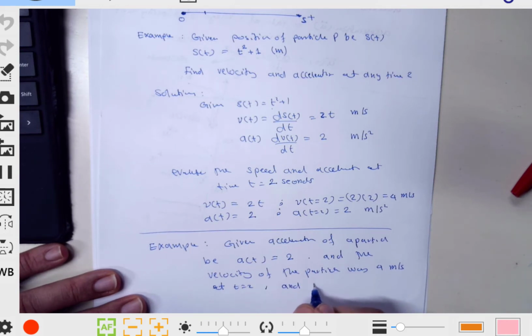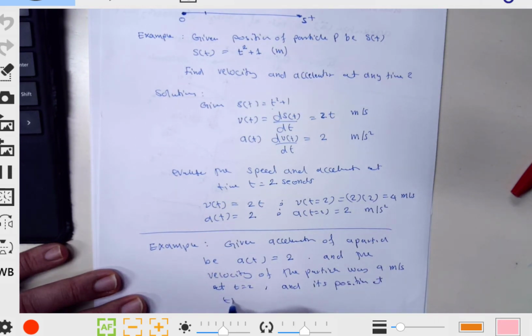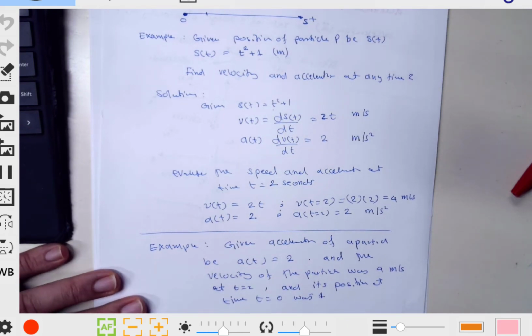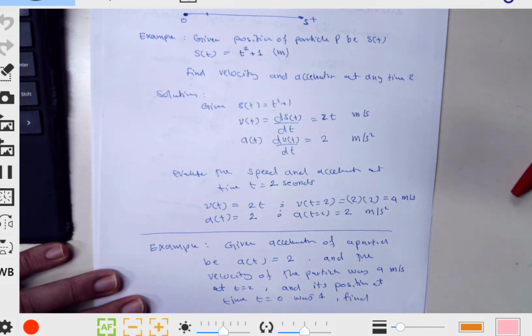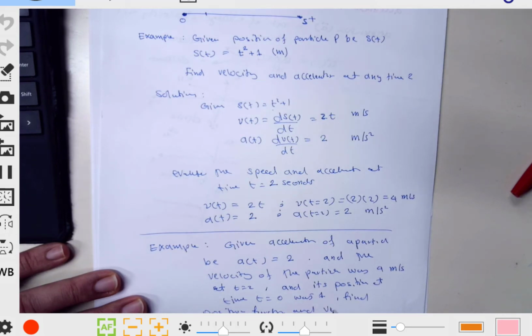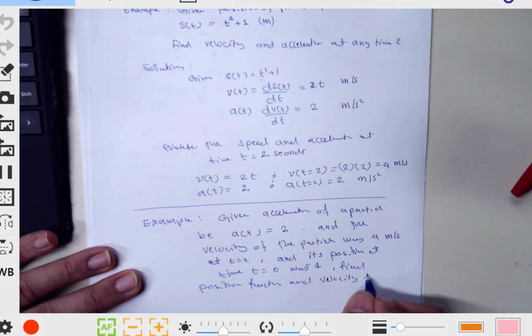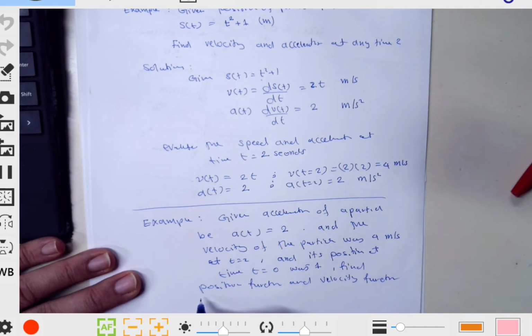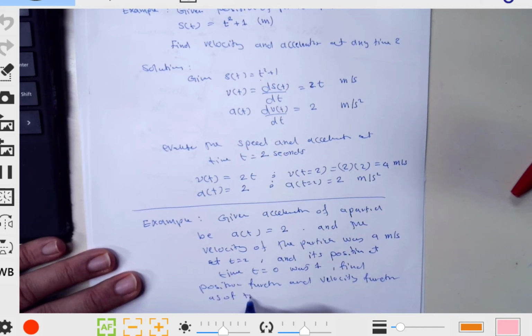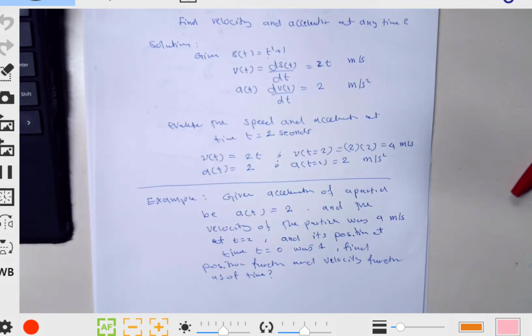And its position at time t equal to 0 was 1. Find the position function and velocity function as a function of time.